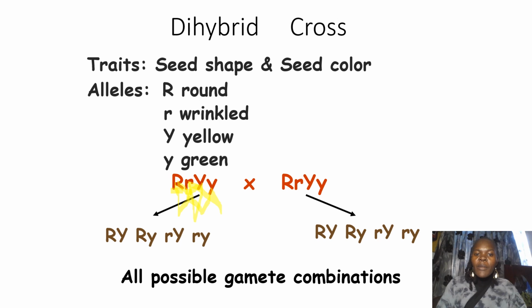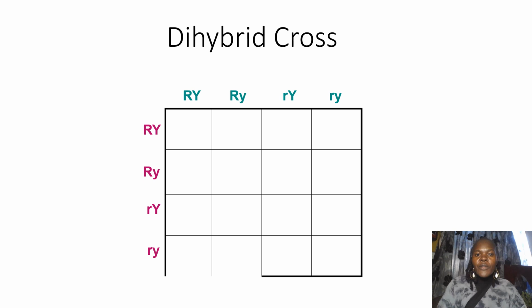So you have all the possible gamete combinations as capital R, capital Y, capital R, small y, small r, capital Y, small r, small y. The same with the male and the female. So we are talking about how they independently segregate at the point of gamete formation. So you proceed with the same.